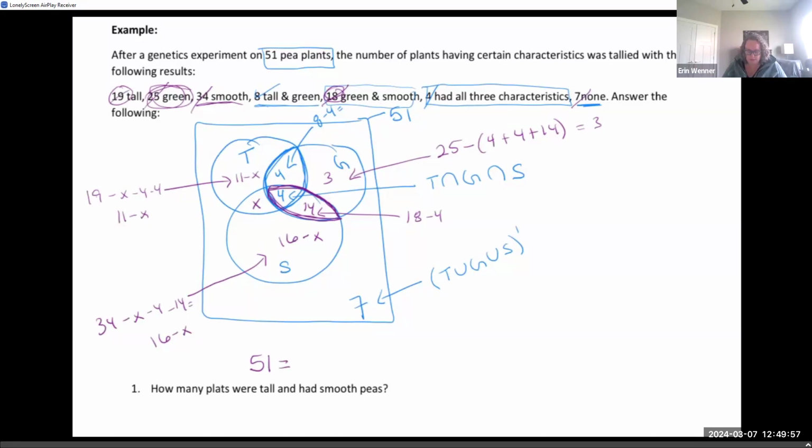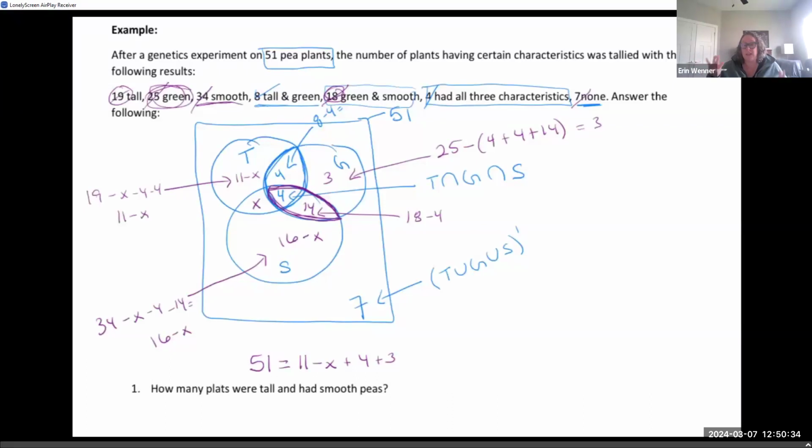So when I say each of the pieces, in the tall only, I have 11 minus x. Then I want to add to it the 4 that are in the tall and green, okay? Then I want to add to it the 3 that were green only. I'm just going through the Venn diagram in an organized fashion. There's not any sort of like, oh, well, she's choosing this one and then this one.